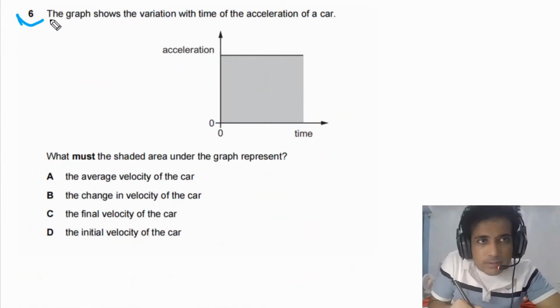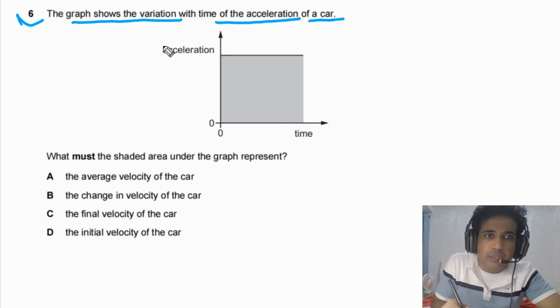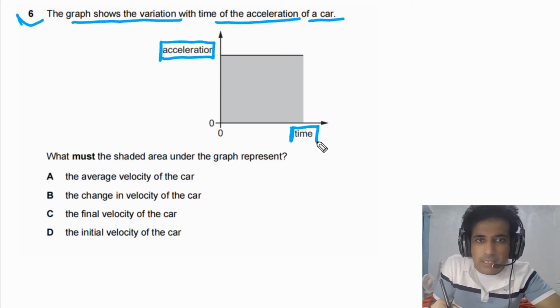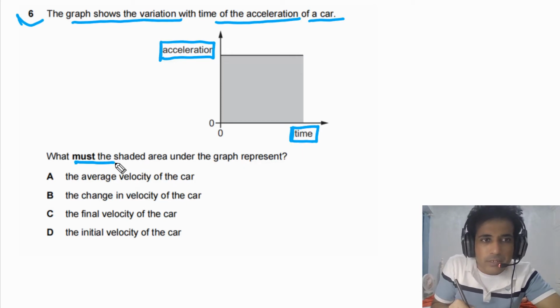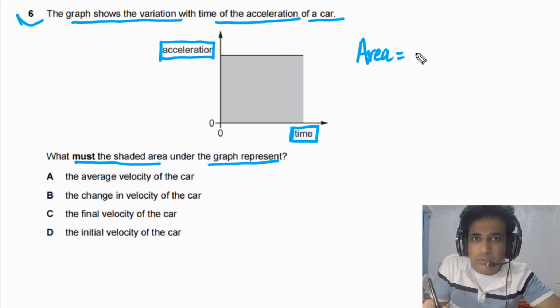For question number 6, it is given to us that the graph shows the variation with time of the acceleration of a car. Simply, we have acceleration on the y-axis and time on the x-axis. We need to find out what the shaded area under the graph must represent. Area in this case is equal to acceleration times time.